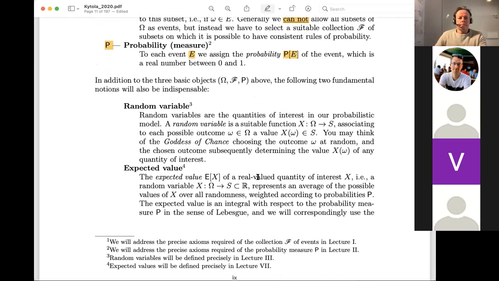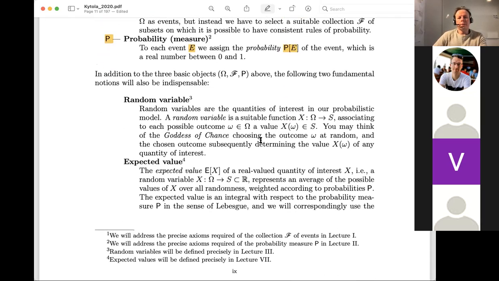And then we work with random variables. So random variables in the abstract sense are functions from the space of samples, the sample space omega, to some space S of realizations. So it doesn't need to be real numbers. It could be a set of letters, for example, if we are doing gene modeling.